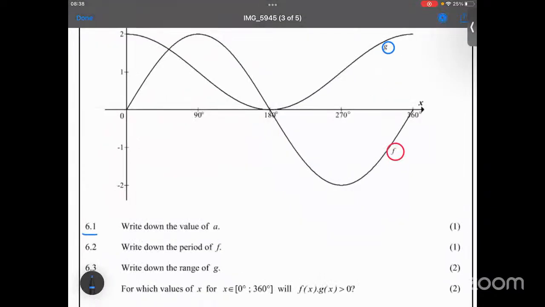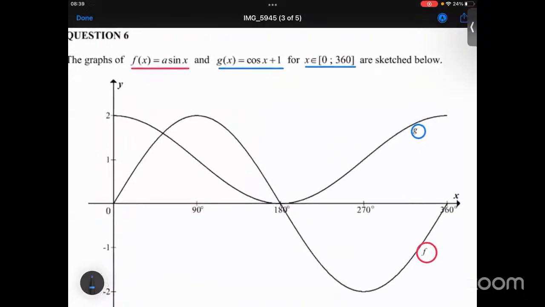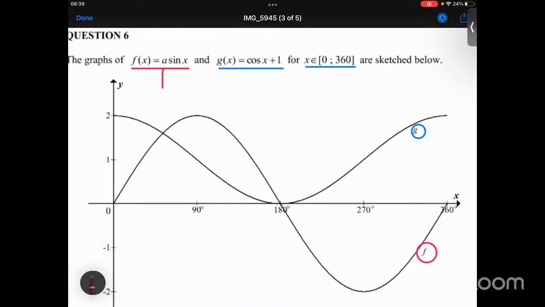So what they want you to do is to write the value of a. So you have to go and check, where is a? A is on the function of f.